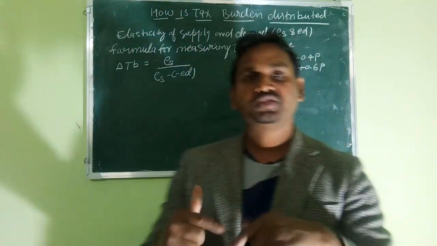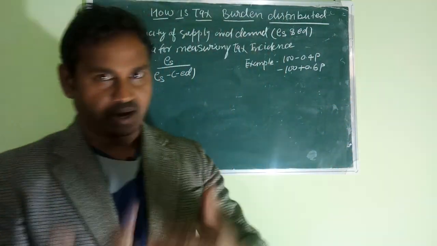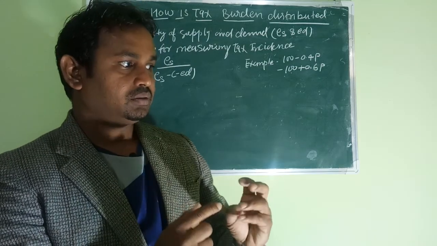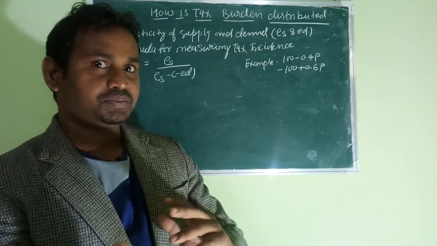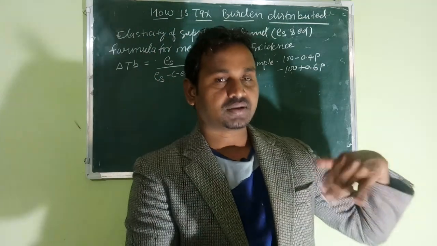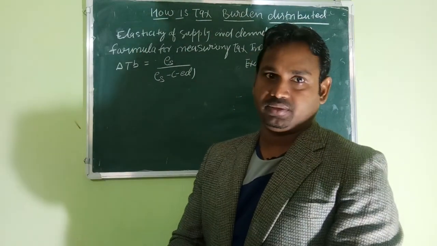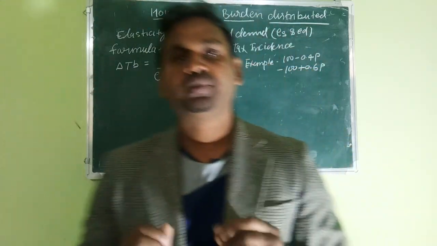Indirect tax is always shifted from seller to buyer. But after shifting from seller to buyer, what percentage is shared by the consumer and what percentage by the producer? It is a simple logic.